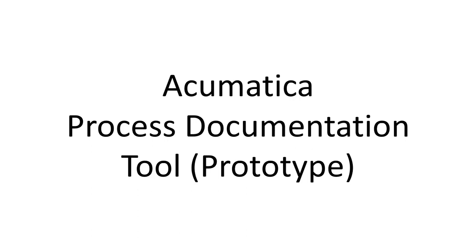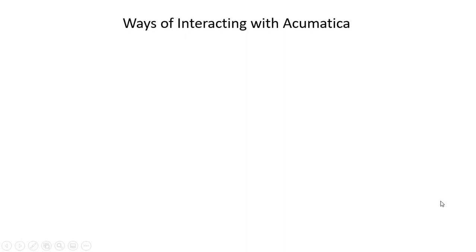Now before we look at the tool itself, let's step back and consider what it's like when you try to document a process in Acumatica. First, let's consider the ways of interacting with Acumatica. For the purposes of this tool, we're just concerned with how we interact with Acumatica.